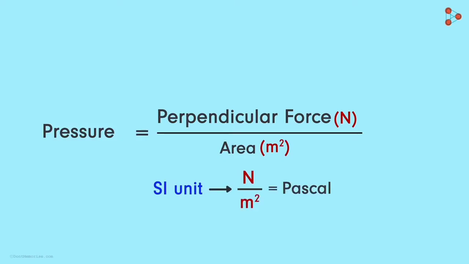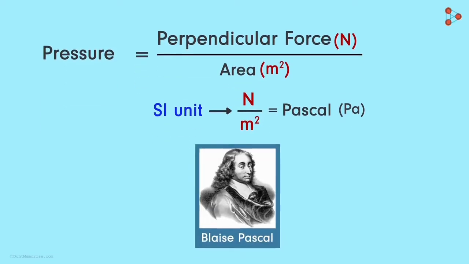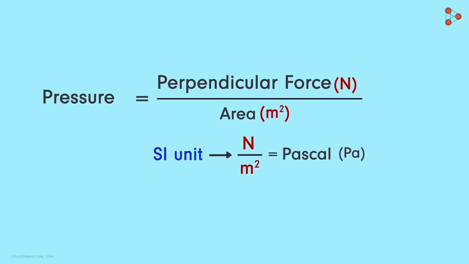The international standard unit of pressure is Newton per meter square. It is denoted by Pascal. The unit is Pascal, which implies Pa. The name Pascal was given in honor of a great scientist, Pascal.